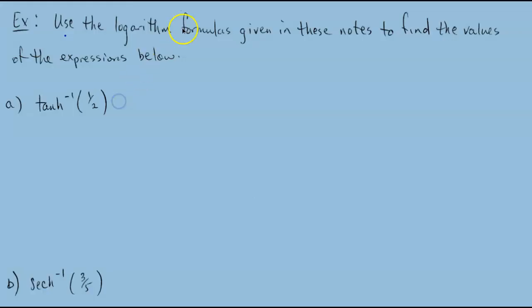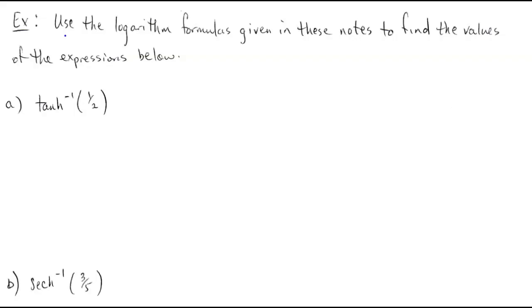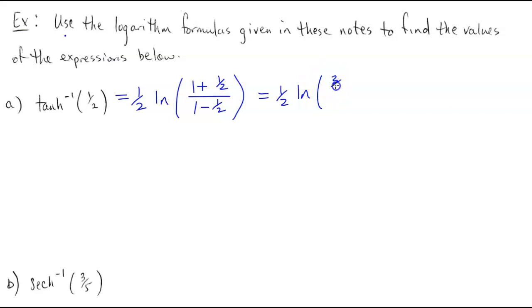So we see here that this just ends up being 1/2 natural log of 1 plus, in this case, 1/2 divided by 1 minus 1/2. Of course, here 1/2 plus 1 is going to give us 3/2, and the denominator is going to give us 1/2.